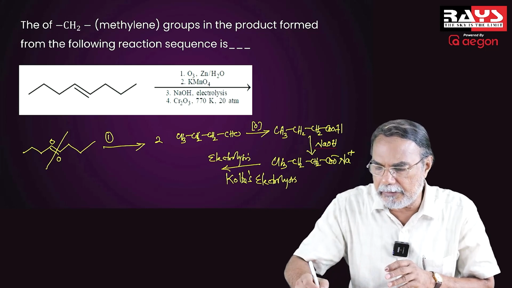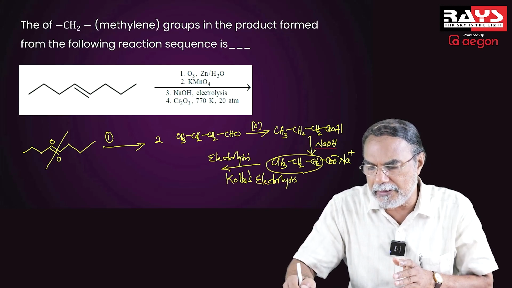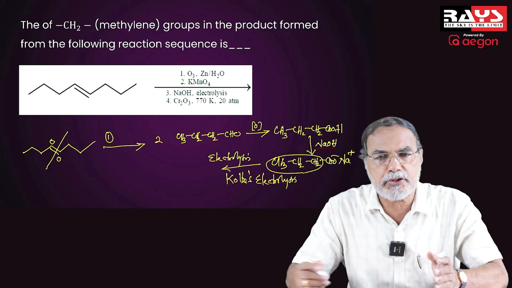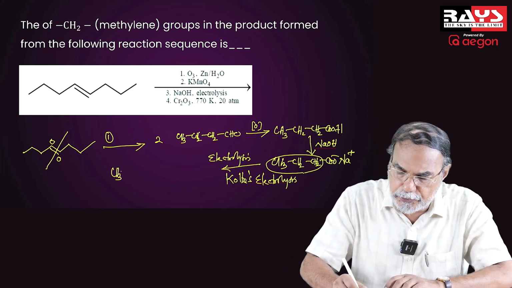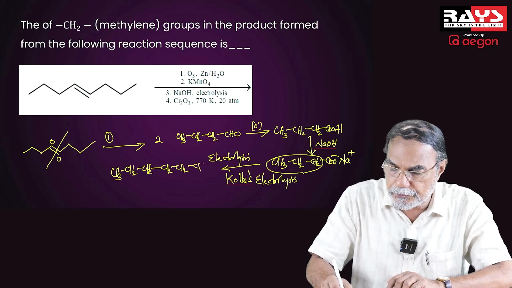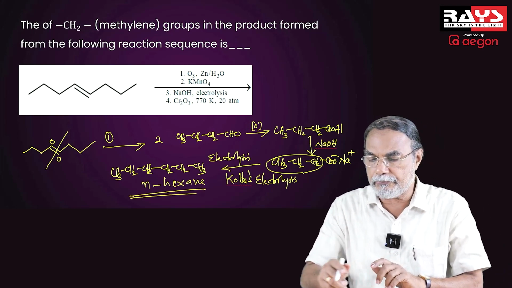When it is electrolyzed, it will ionize to COO minus Na plus, and then undergo decarboxylation to give the CH3, CH2, CH2 radical plus an electron, and 2 such radicals will combine to give CH3, CH2, CH2, CH2, CH2, CH3. So what you get is normal hexane as a product of Kolbe's electrolysis.